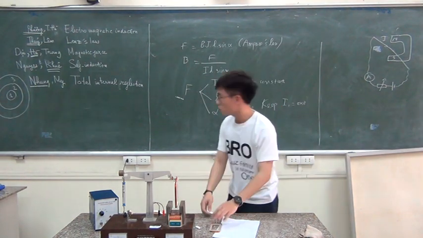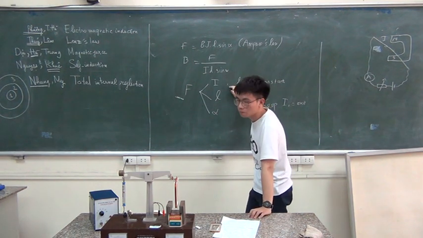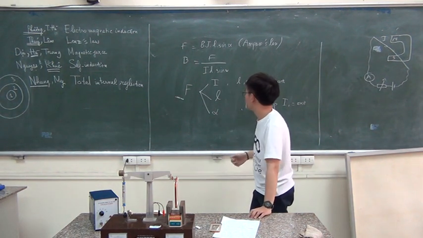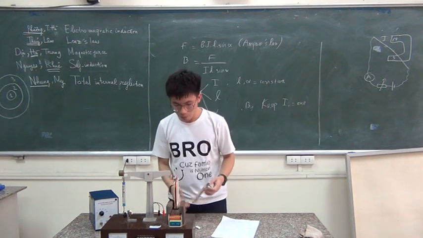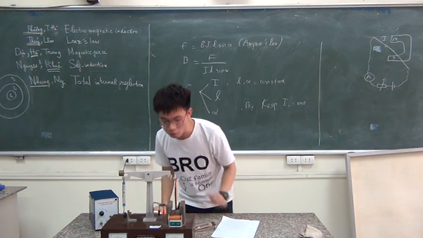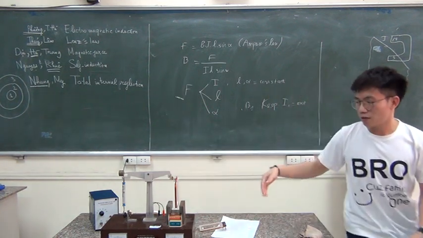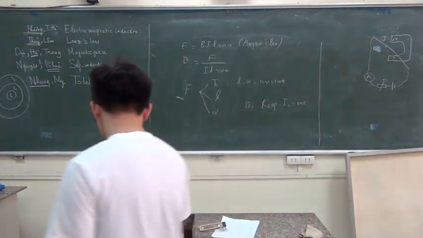And next, we will represent first with I. We need to keep L and alpha constant, so we can use the same loop and the same angle. In this case, it is perpendicular, and we change the current.